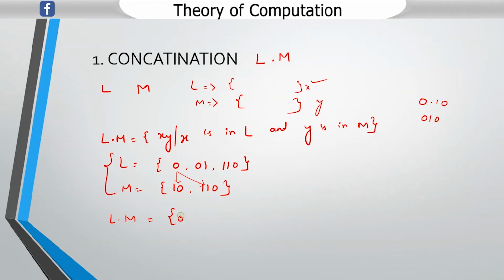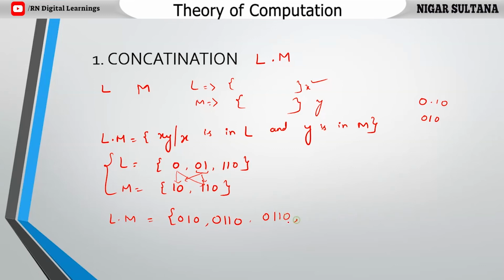And when you concatenate this 0 with 1 1 0, it gives 0 1 1 0. Next, this 0 1 will be concatenated with 1 0 as well as 1 1 0, giving 0 1 1 0 and 0 1 1 1 0.